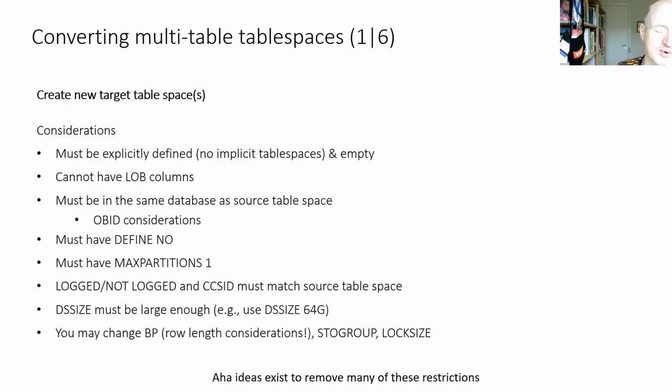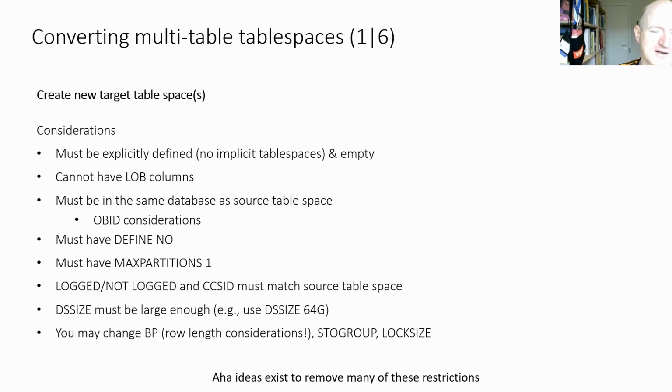You can change the buffer pool if you want. Obviously, the row has to fit within the buffer pool, so you have to consider that. You can change the storage group, and you can change the log size. If you go to IBM's AHA website, where you can log product enhancements, you can find that there are AHA ideas open for most of these restrictions.